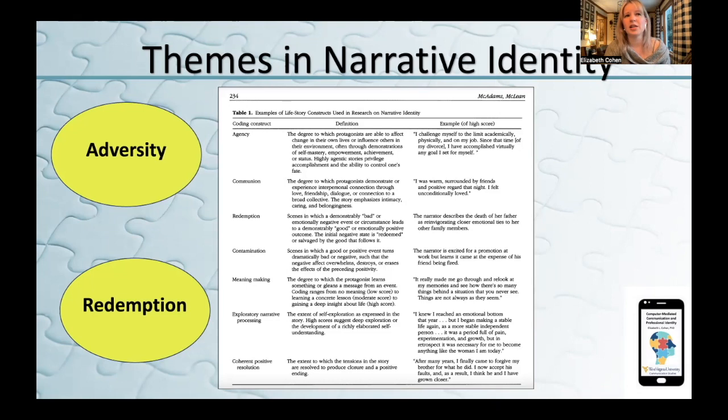It's just the idea of being able to articulate what you've been through and seek meaning in it. And this table, examples of life story constructs used in research on narrative identity, is just a complicated way of saying these are a lot of things that keep popping up when people give narratives about their identity. Different events and moments in their history or trajectory help them see something about themselves more clearly.